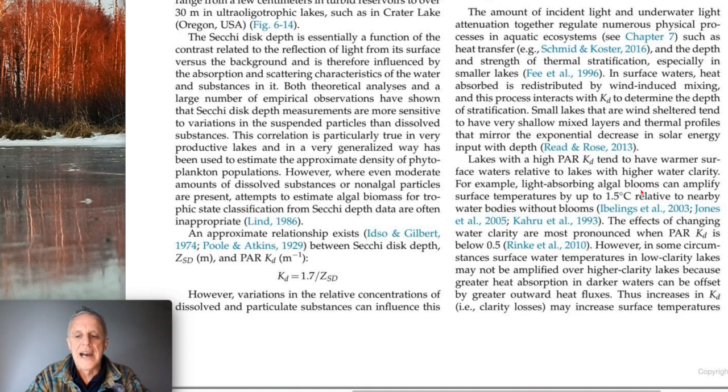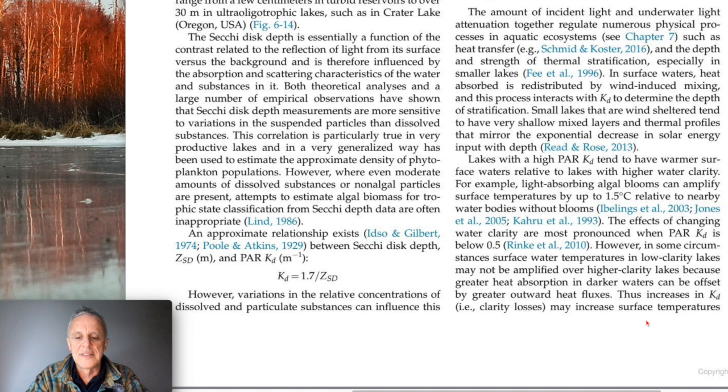For example, light-absorbing algal blooms can amplify surface temperatures by up to 1.5 degrees centigrade relative to nearby water bodies without blooms. The effects of changing water quality are most pronounced when PAR-KD is below 0.5.